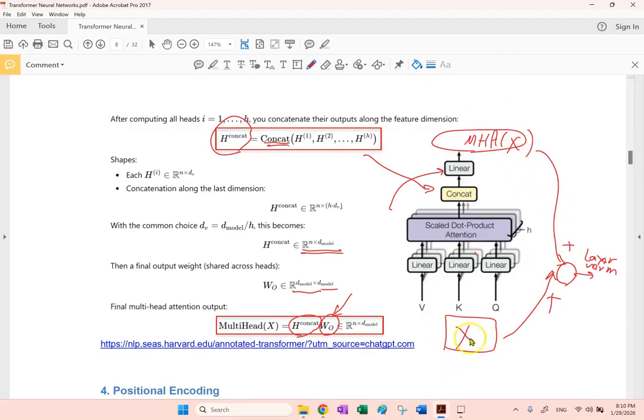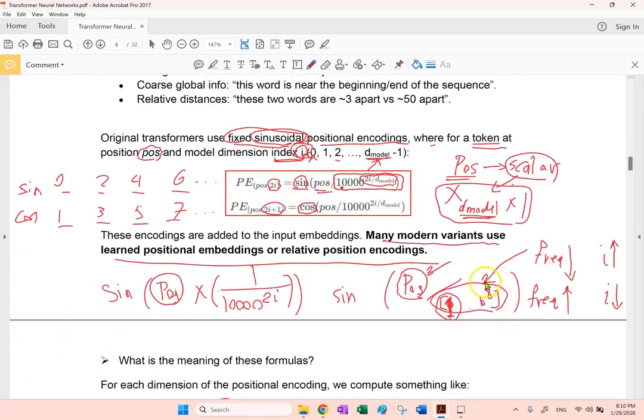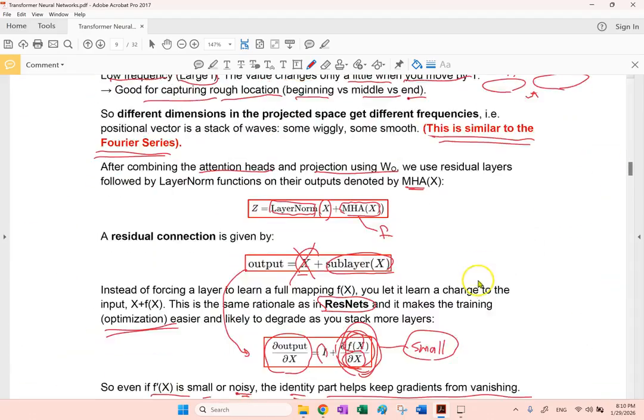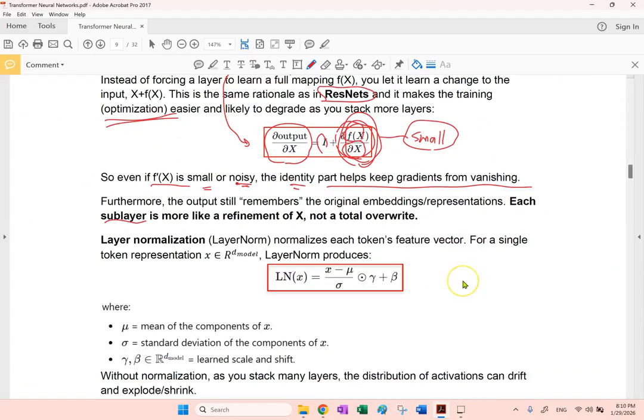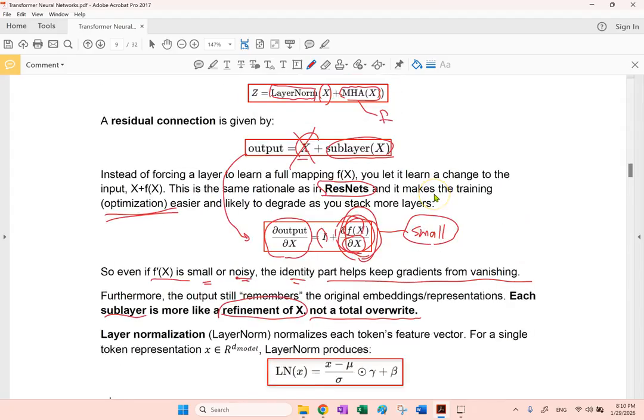It's going to replace the input with input plus output. What does that mean physically? The meaning is that this multi-head is not going to completely overwrite those embedded X's and forget whatever they were. Actually, it's going to refine them. This part here is the refinement to those individual meanings.